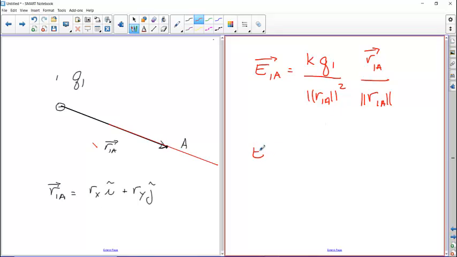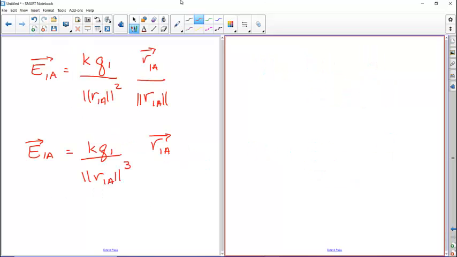So the final equation for the electric field vector at point A is K Q1, or whatever the Q is, divided by the magnitude of R1A cubed times the R1A vector, like that. So let's get a piece of graph paper to show you how you do this.